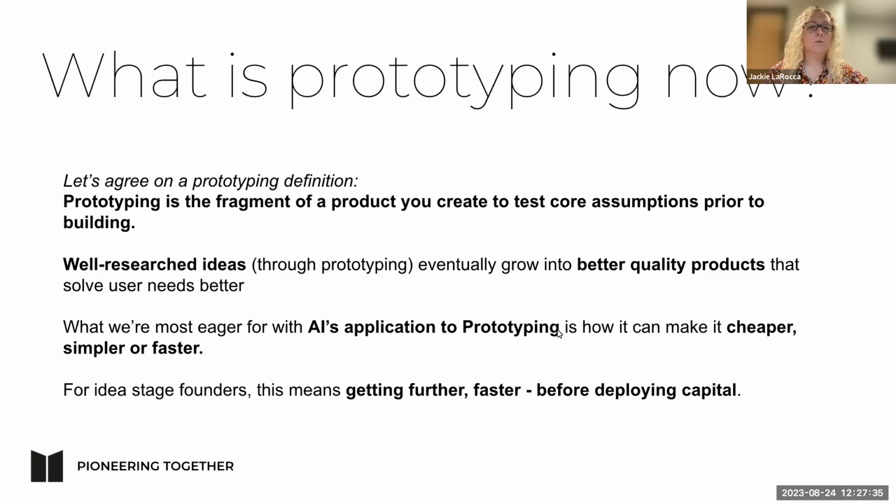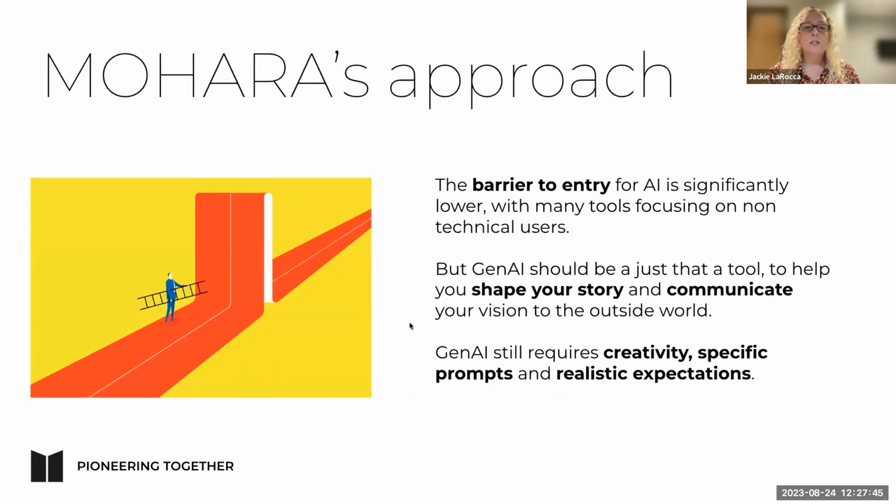So with that in mind about prototyping and why we might prototype and use AI, we just wanted to talk a little bit about our approach from Mohara's perspective. Obviously we're a tech company, so we love AI, but we understand it is not the be all end all.